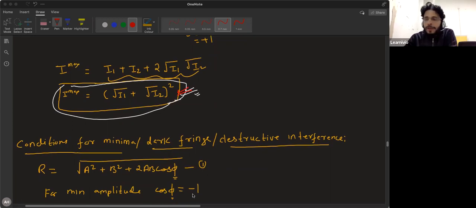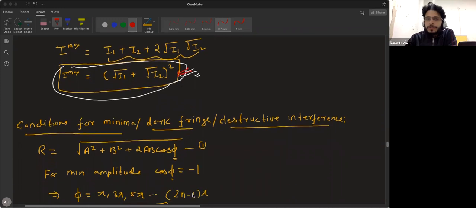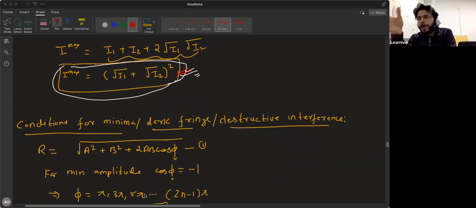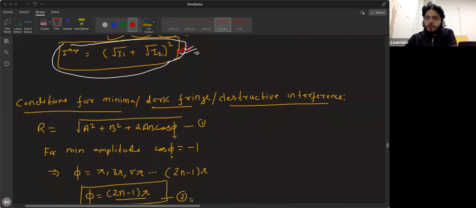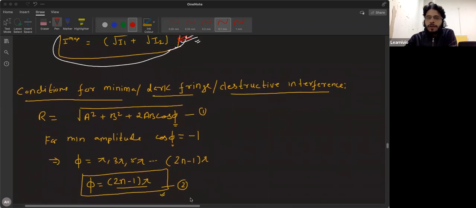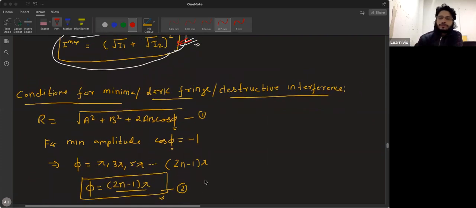For what value of φ is cos φ equal to -1? If your φ is π, cos π is -1, or it's 3π, or it's 5π. So all odd multiples of π will give you -1. You can write this as (2n-1)π. So φ is (2n-1)π in general, and the value of n will start from 1.